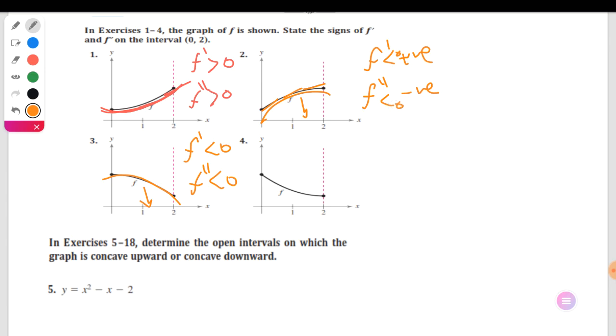In the last one, as you see, it is concave upward, which means the second derivative is greater than 0. Since the slope of the tangent line for this curve is negative, the first derivative is less than 0. I hope you understand.